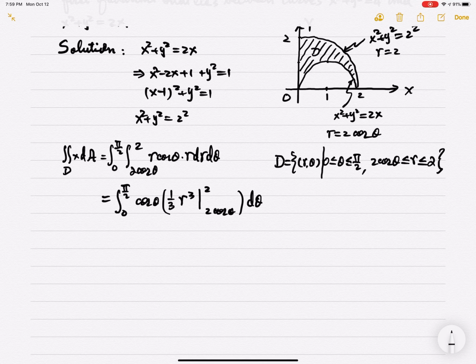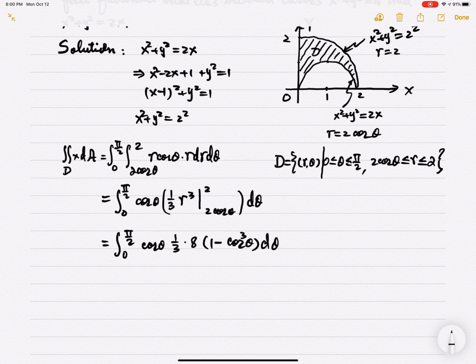Then this is equal to 0 to pi over 2, cosine theta, and 1/3 we can move out. Both terms have 2 to the third, which is 8, so I can put out 8, and then we have 1 minus cosine to the third theta, d theta.